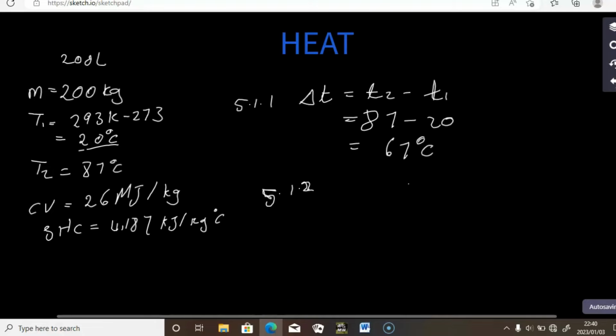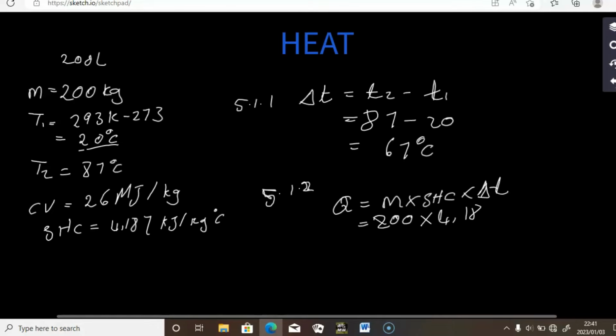They say calculate the quantity of heat required to heat the water. The formula for heat, we said, is equal to m times specific heat capacity times temperature change. The mass we have is 200. The specific heat capacity we are given is 4.187, times the change in temperature, which is equal to 67.